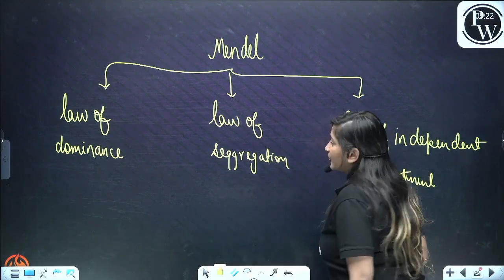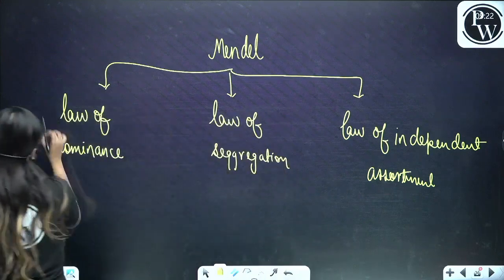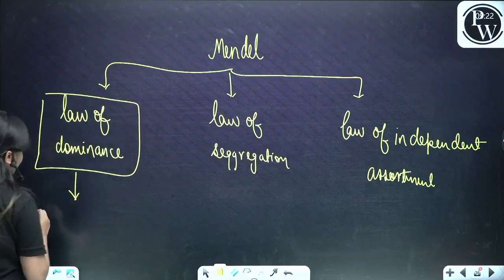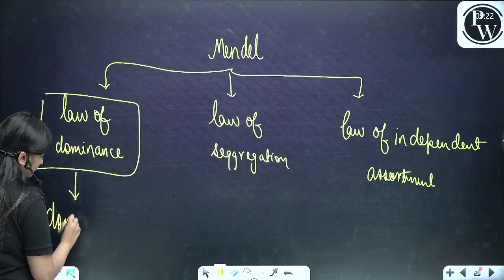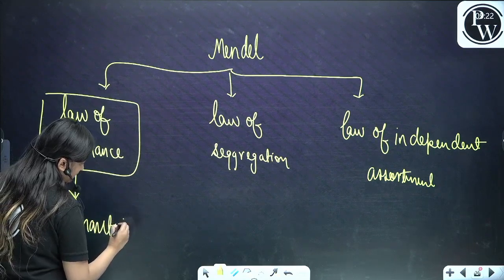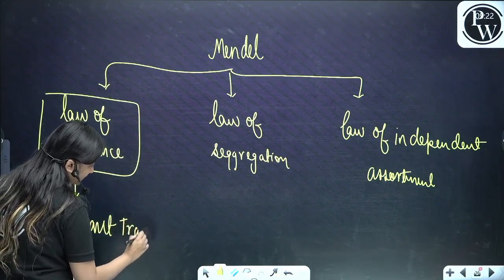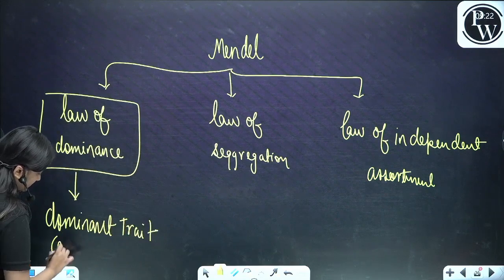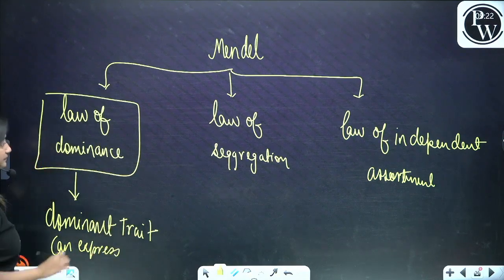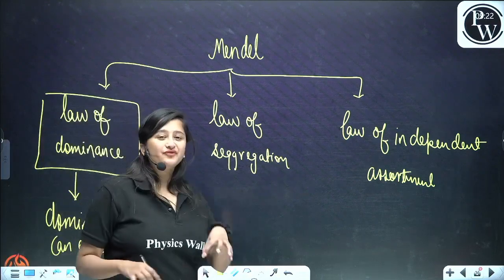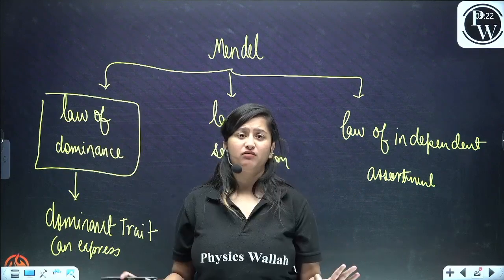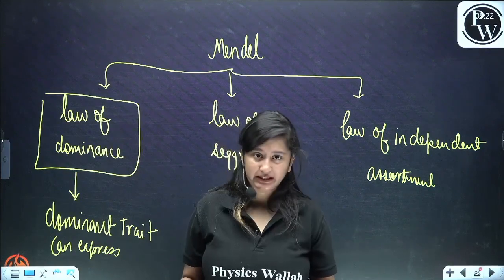Now, law of dominance means only the dominant trait can express itself. Now, if you always get dominated by someone, you'll get frustrated. You say, no, I cannot do it anymore, right?